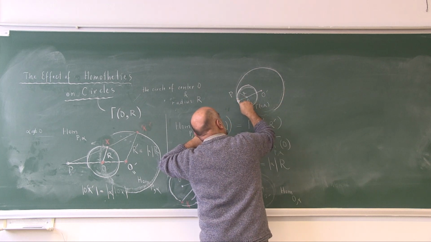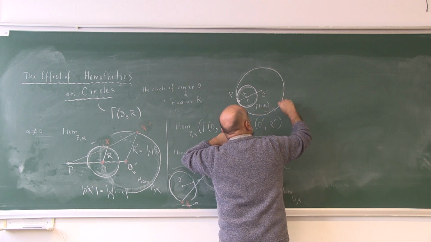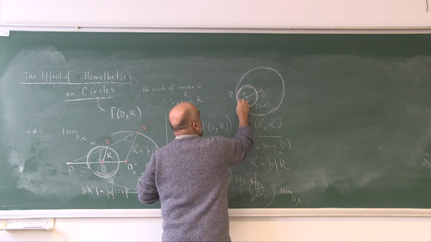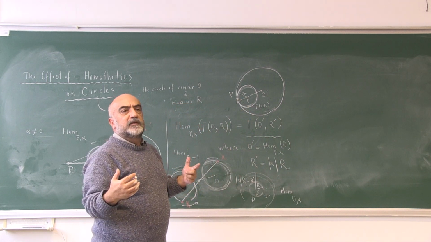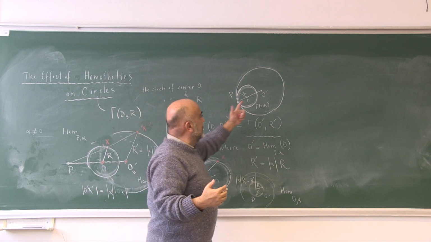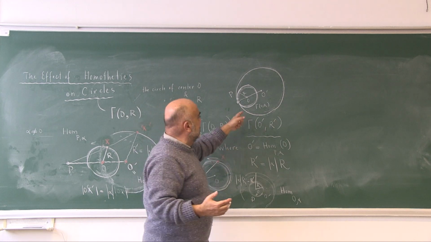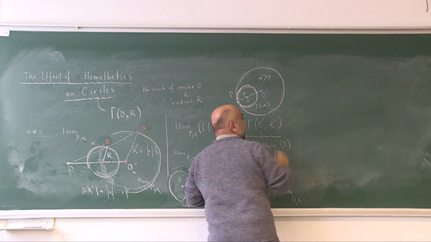So if you look at the effect of a homothety with center on the circle, then the circle will simply turn into a circle that is tangent to the original one, and this picture should correspond to the situation where alpha is positive.